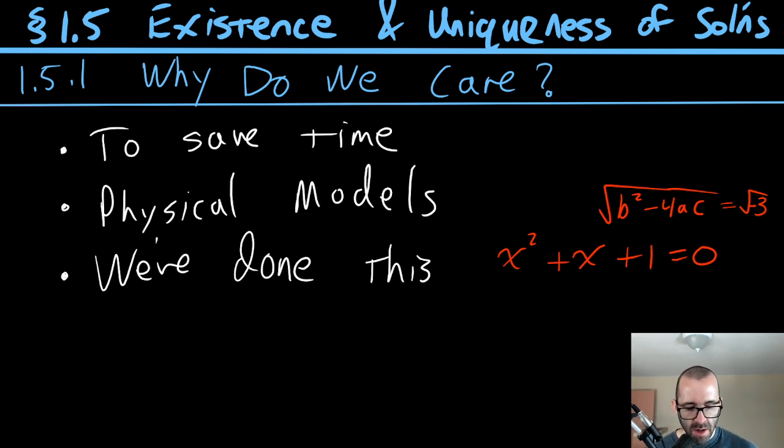I talked about why existence of a solution matters for physical models. Why might uniqueness matter for physical models? Why might we care whether there's one solution to a physical model or multiple solutions?